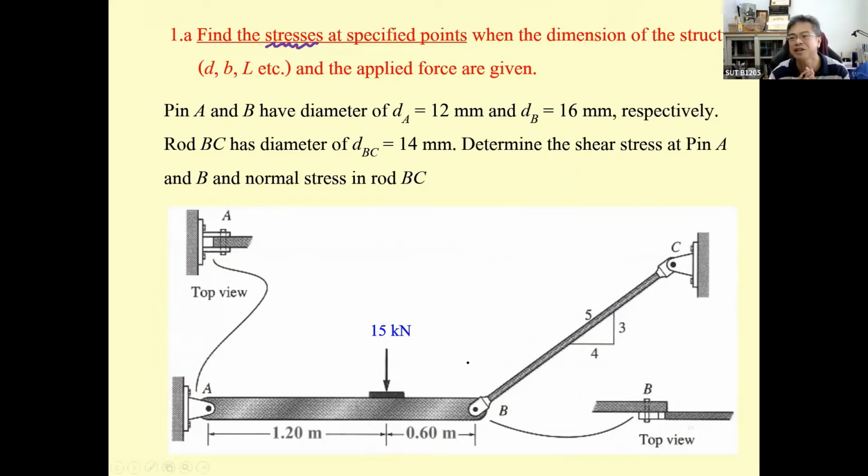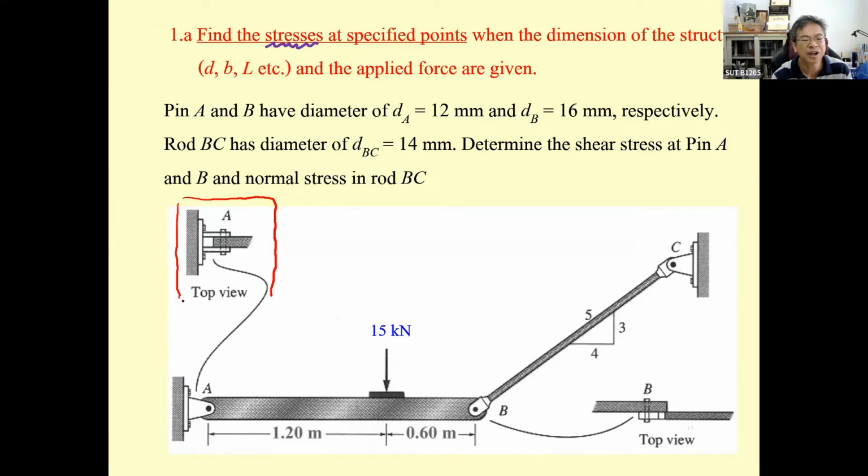This same picture can be used for these three kinds of problems. First, let us consider this point A. A is going to be the connection based on this picture. Guys, this connection is what?